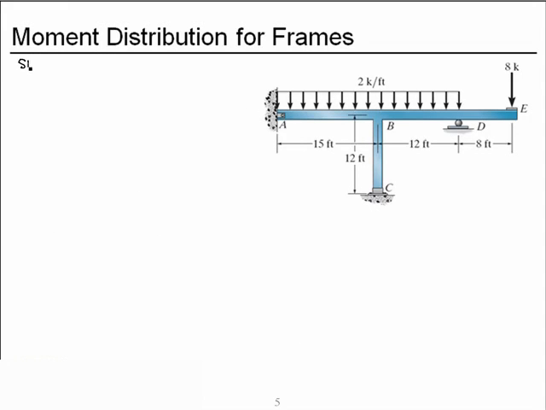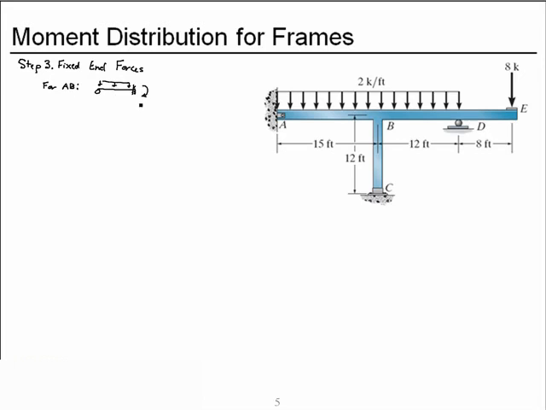Now we need to find the fixed end forces. Let's start with member AB. In this case, we have a pin support, or we'll idealize it as a roller at one end, fixed at the other, uniform distributed load.